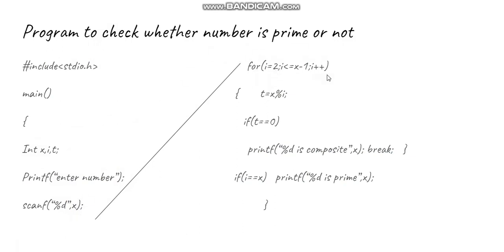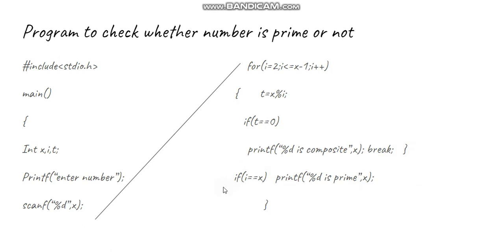We are running this loop and calculating t is equal to x mod i. So we are dividing this value x by this i again and again. If the remainder becomes zero, it means it is composite and we will break the loop. We print that the value is composite and then exit from the loop.